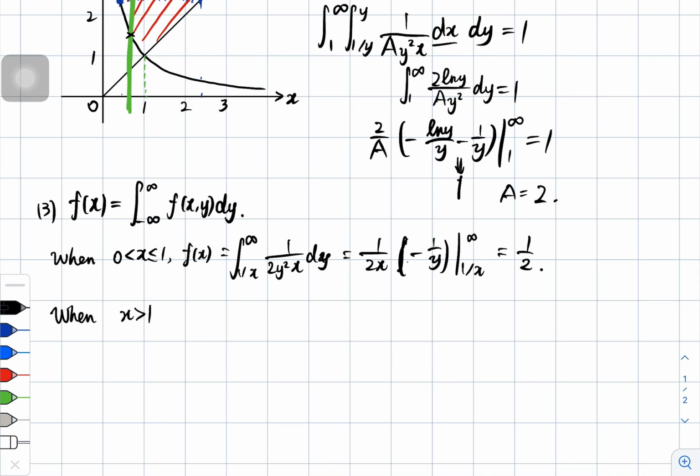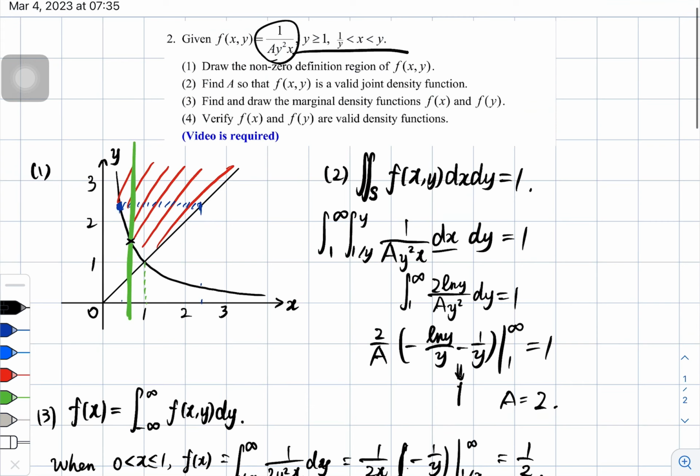When x is greater than 1, fx is something like this integral. X equals y here.